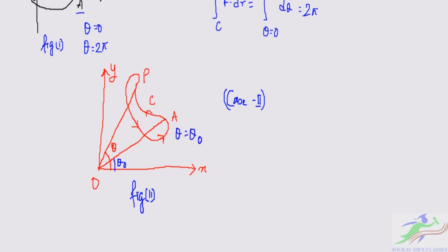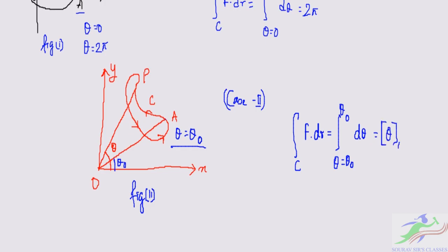And when after a complete round along C we come back to A, it is also the same, theta equal to theta 0. So from equation 1 we get the closed integral of F dot dr equal to the integral from theta 0 to theta 0 of d theta, so it is simply 0.